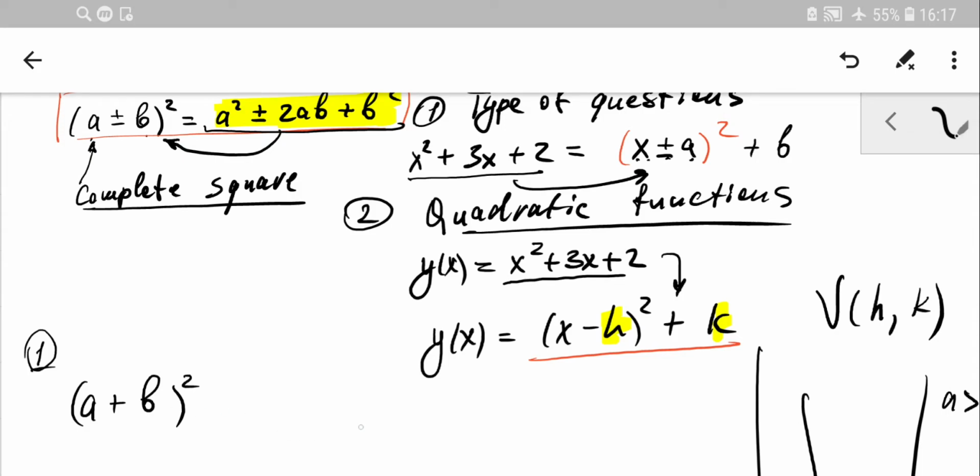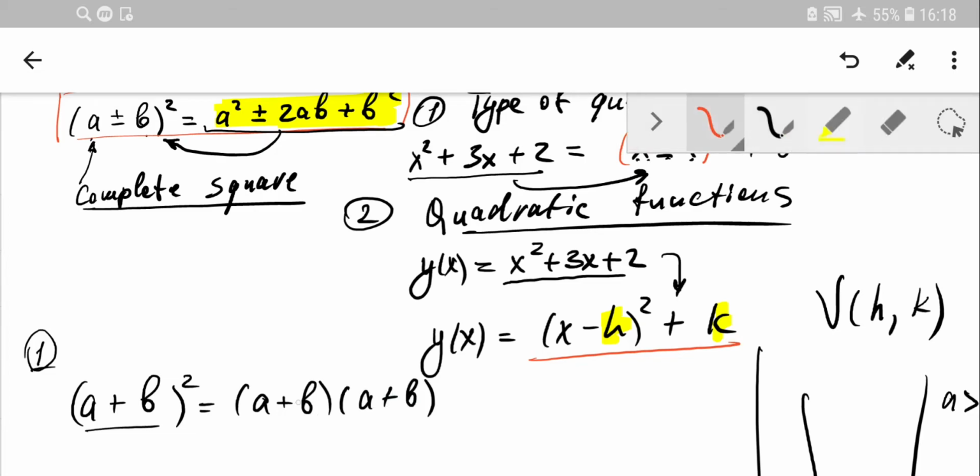This is a binomial of the power 2, if you remember the binomial series and know something about binomial expansion. So what is that by definition? We take an expression and raise it to the power of 2, which means we need to multiply this expression by itself. Now let's do a simple expansion: a times a, a times b, b times a, and b times b.